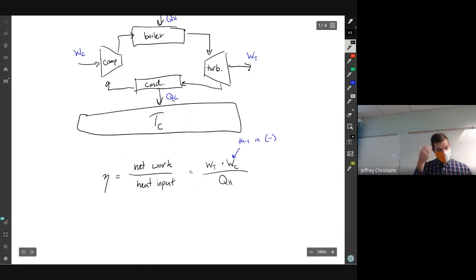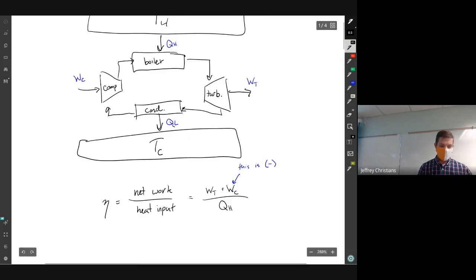Another way that we could represent this, because we have energy balances, is to do an energy balance not on just one of those individual pieces, but on the whole thing itself. The amount of energy that we're putting in, QH plus WC, equals the amount of energy coming out, WT plus QC.